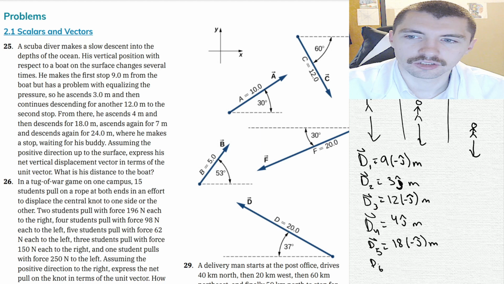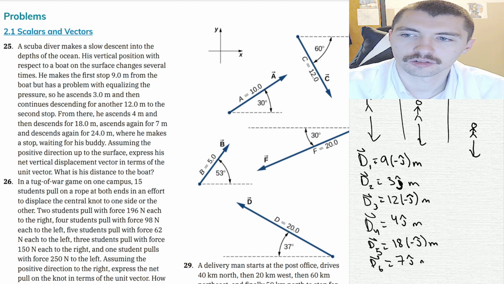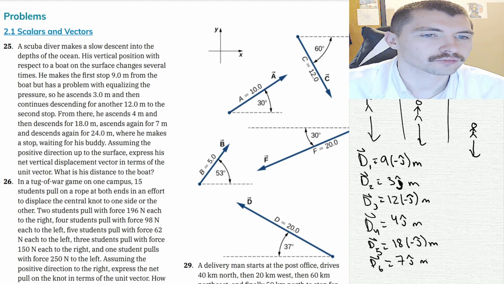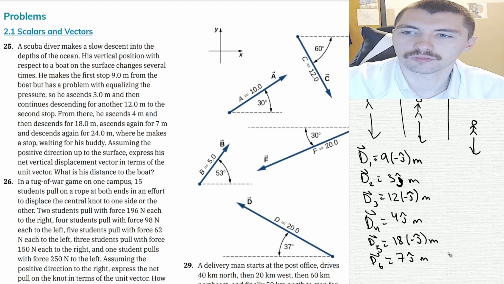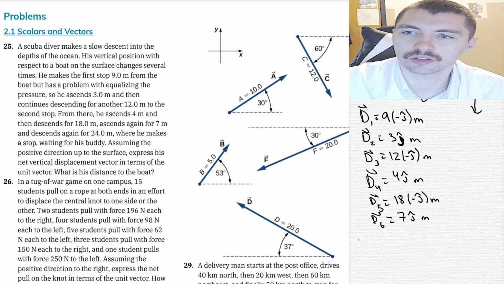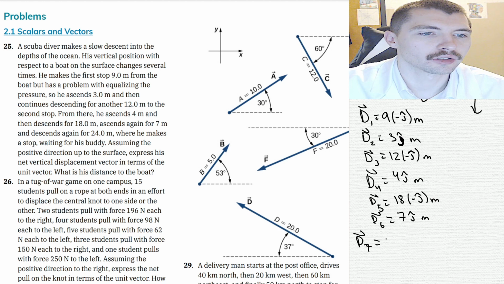Okay, D6, and then he goes up 7. Okay, and then D7, he goes down 24.